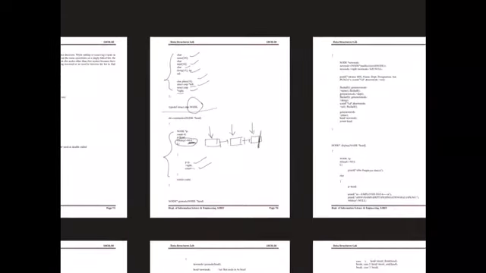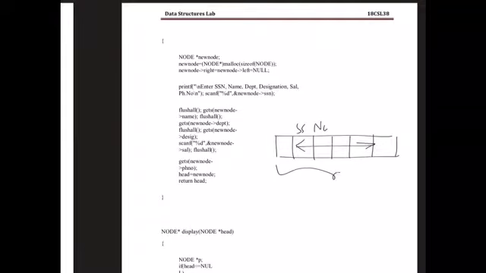Once that has been done, you go with getnode. What is getnode? Getnode is basically allocating. We saw the diagram, right? Your phone number, SSN, name, department, salary, all these criteria need to be taken, and memory needs to be allocated to them.